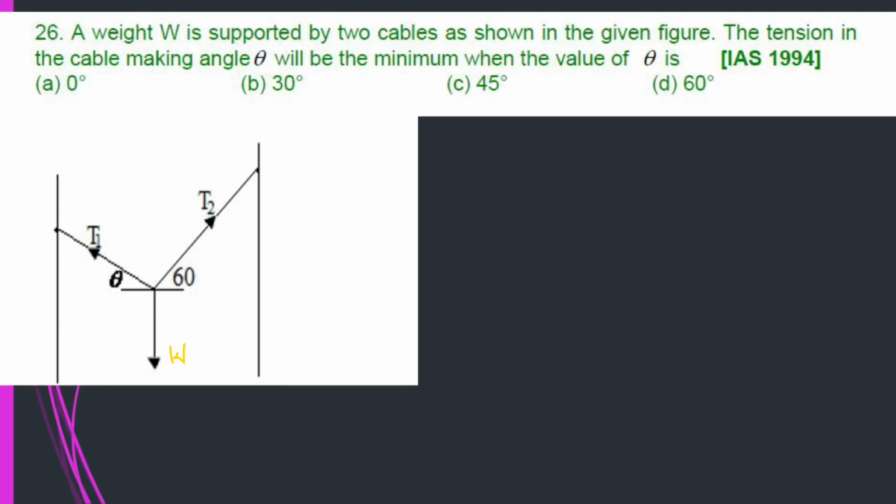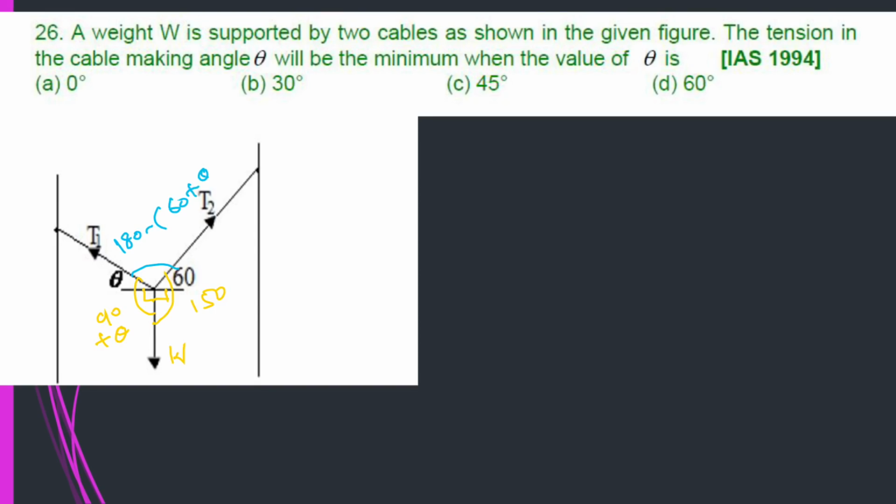So this angle is 90 plus 60, it's 150, this side 90 plus theta. This angle is 180 minus 60 plus theta. So apply sine rule.